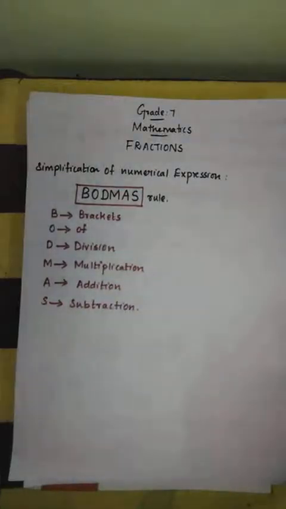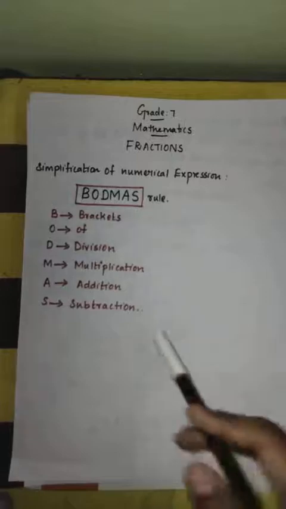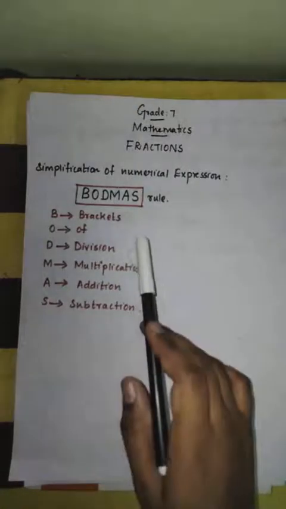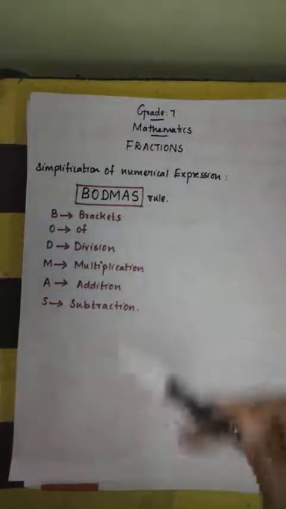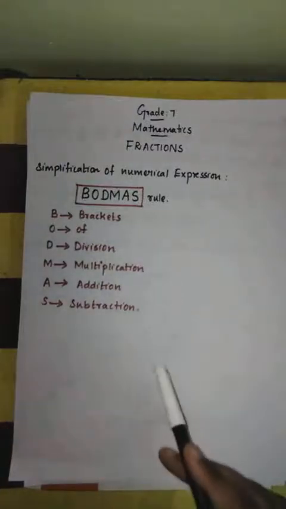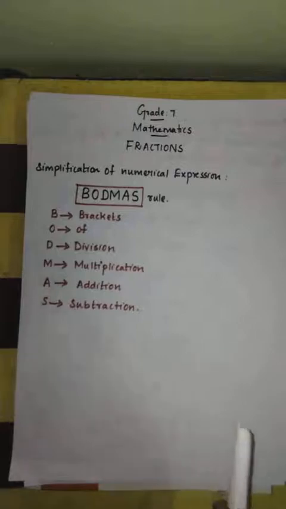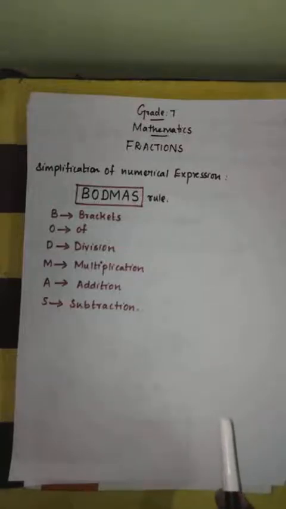First solve the brackets, then of, then division, then multiplication, then addition, and last subtraction. This is the order we need to follow when simplifying a numerical expression with mixed operations. Clear? Understand? Yes.